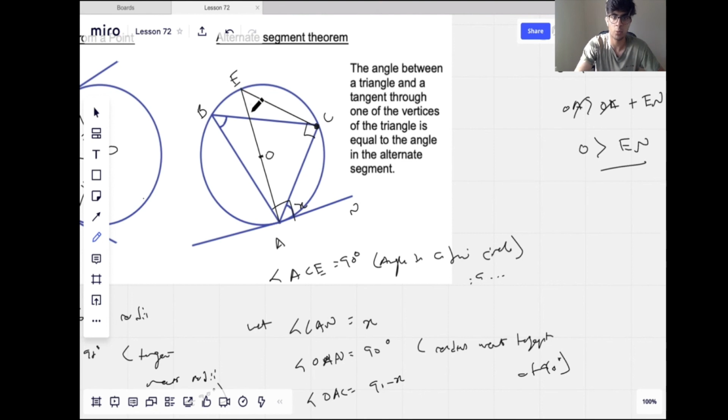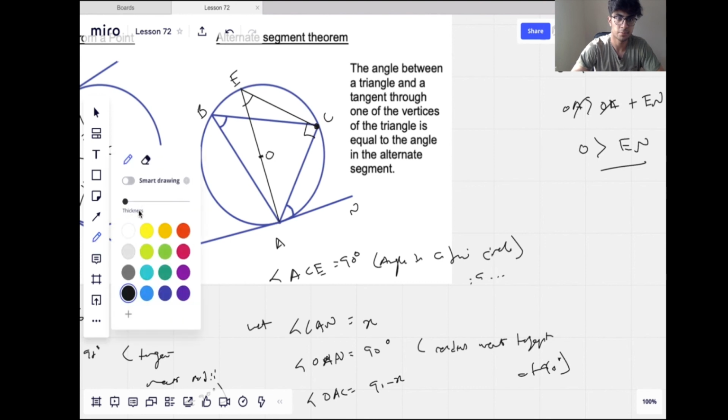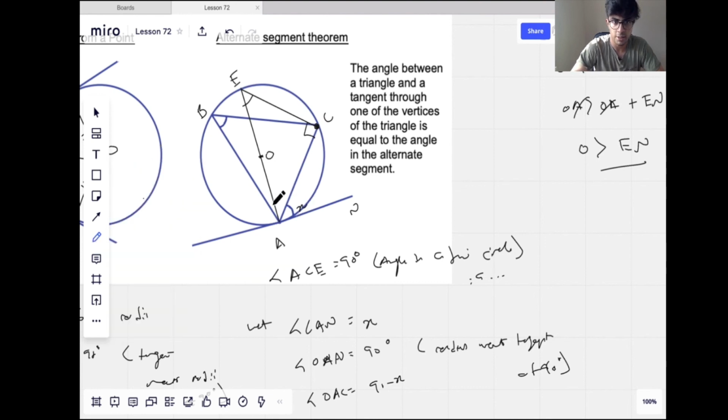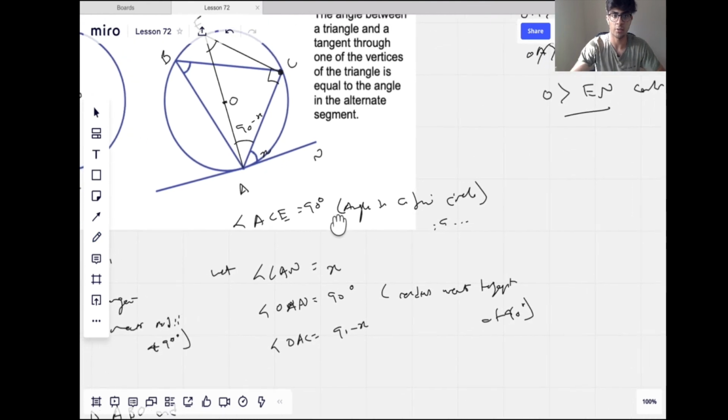Now let's think about what this angle here is. If we draw this a bit nicer, we know that this is X, and we've talked about how this is 90 minus X. We can think about it: the angles in a triangle add up to 180 degrees, so 90 minus X plus 90 plus whatever this is equals 180.